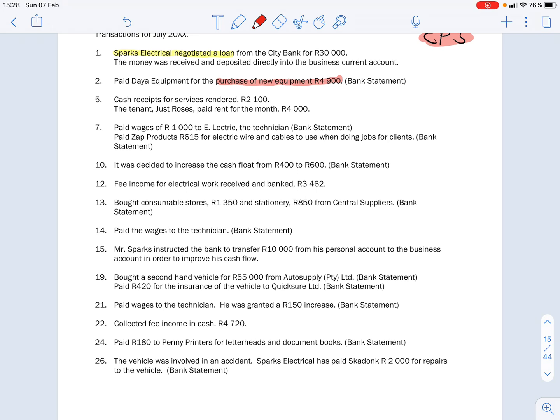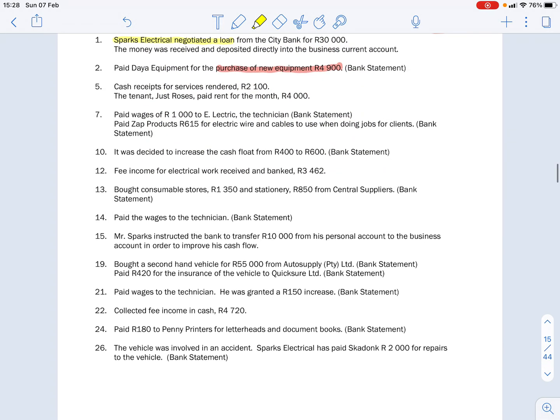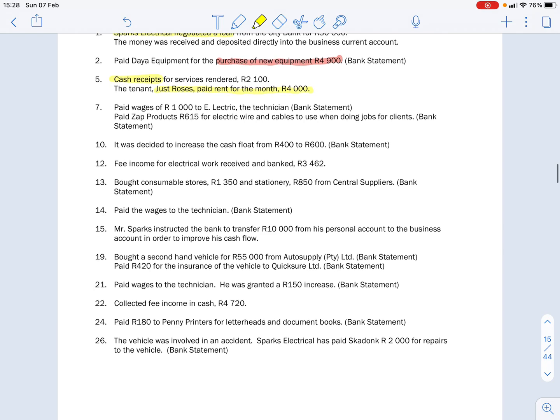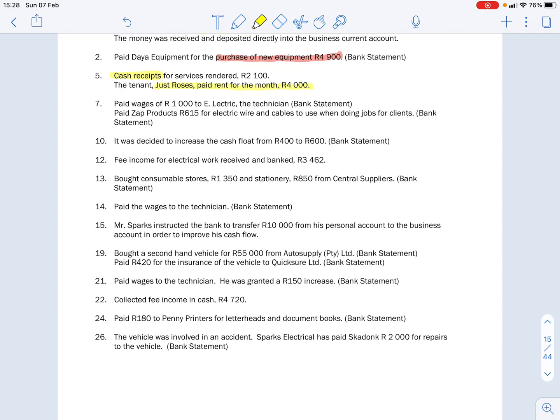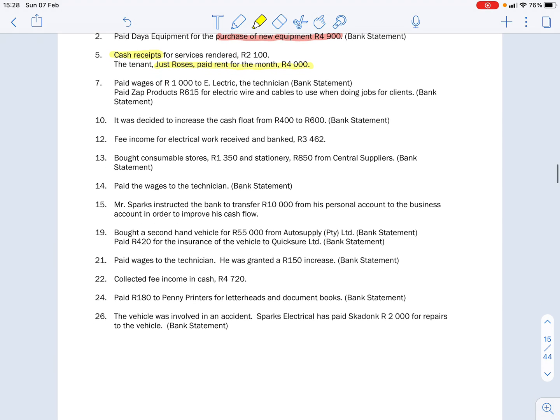On the 5th, cash receipts for services rendered, 2,100, and the tenant Just Rose is paying us rent. Also CRJ, so we're receiving money for services rendered, and our tenant Just Roses paid us 4,000 Rand for the month, also CRJ.